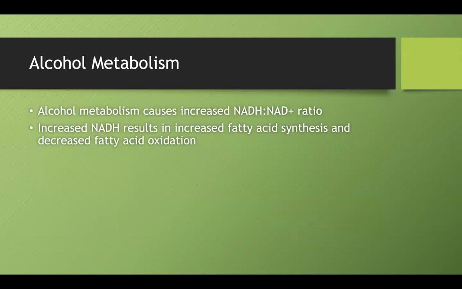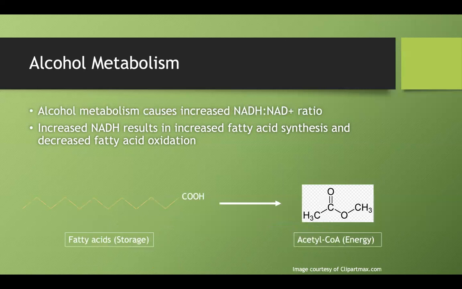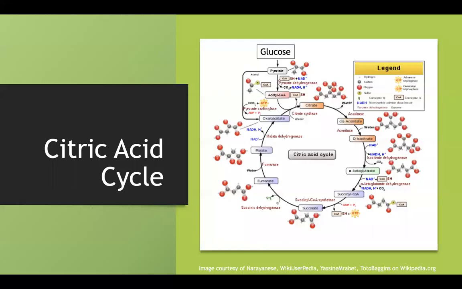And that happens because if we look at the mechanism to convert our storage form of fat, all of our fatty acids, in order to oxidize this into a usable energy source like acetyl-CoA, and I'm just showing you on the citric acid cycle here, you can see acetyl-CoA is highlighted in red now.